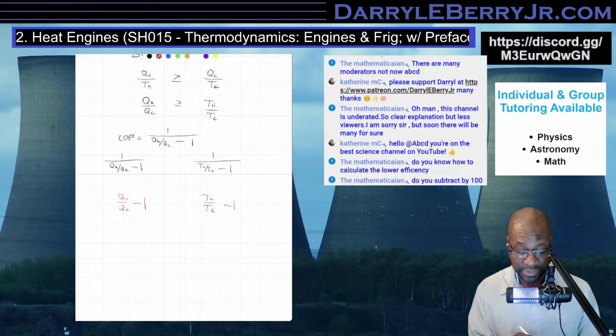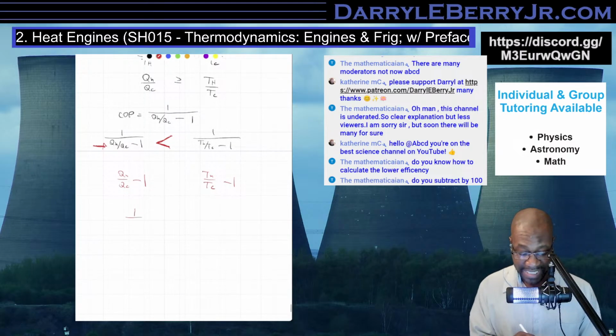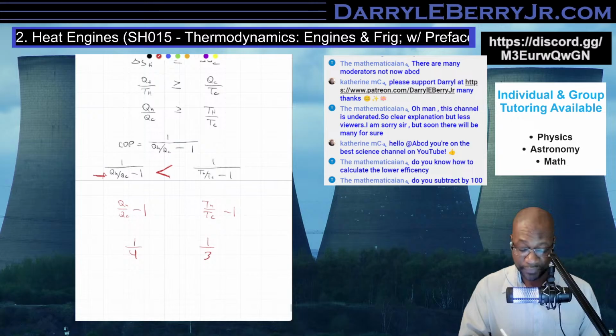So if QH over QC is bigger, this number in the denominator is going to be bigger, and if this number in the denominator is bigger, this is going to be smaller. So if I have 1 divided by 4, that's going to be smaller than 1 divided by 3. So if TH over TC can be smaller, this smaller number minus 1 is going to end up being a smaller number. This whole thing is going to be smaller.